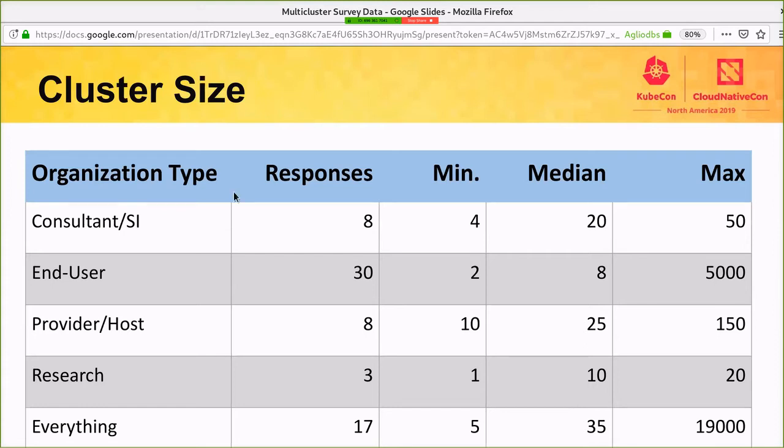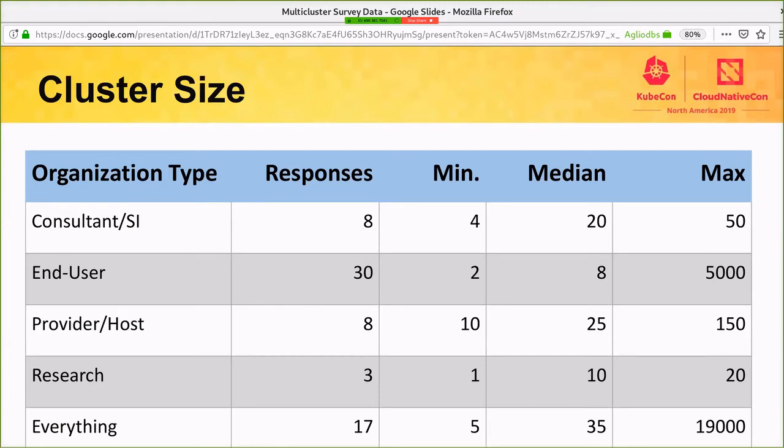I also actually just ran a 90th percentile across our set. And particularly if we stop paying attention to IBM, we're really looking at 100 or less clusters for 90% of our users.